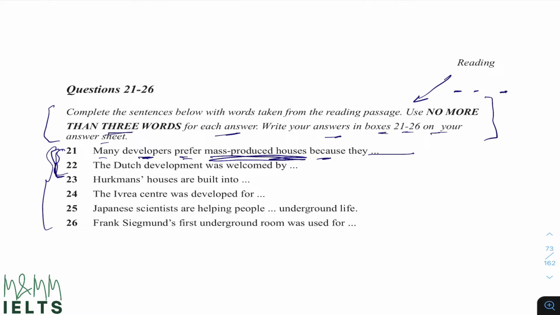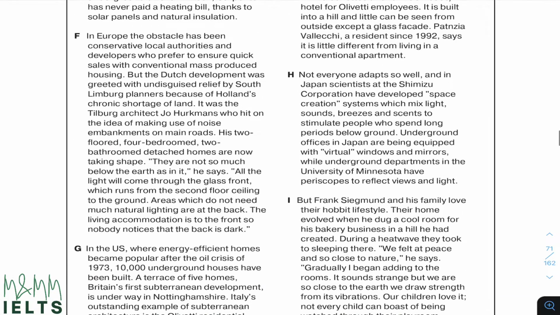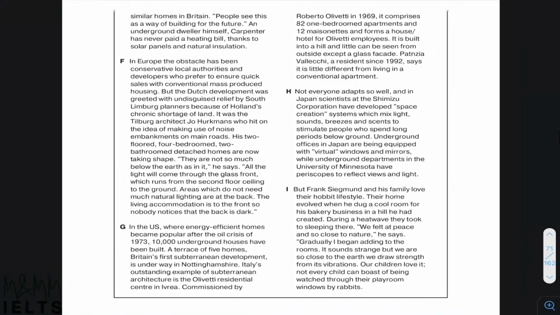Because means why? Why do developers prefer mass-produced houses? My main keyword here is mass-produced houses. Developers, mass-produced houses. So why do developers favor or prefer mass-produced houses? This is my keyword. So now we'll go to the paragraphs over here. So I'll just make it smaller just so that you can see all the paragraphs in a sequence.